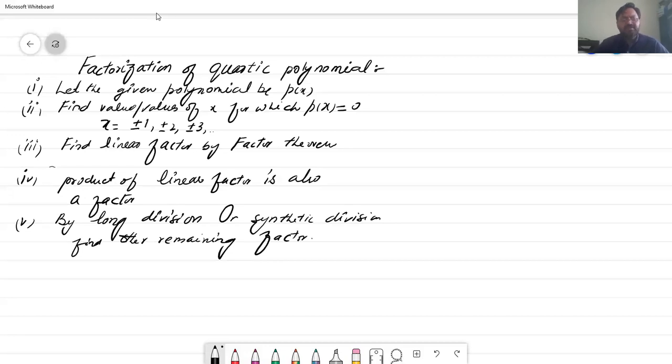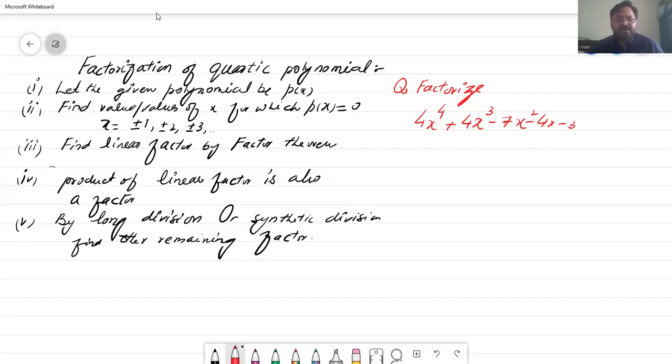Okay, the first one, I have to solve one question. We have to follow the steps. Question number 1: factorize 4x raised to power 4 plus 4x cube minus 7x square minus 4x minus 3.